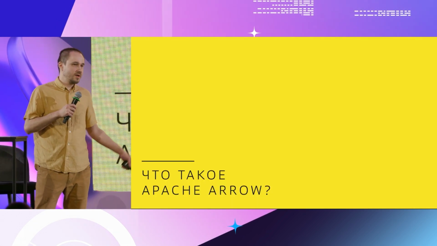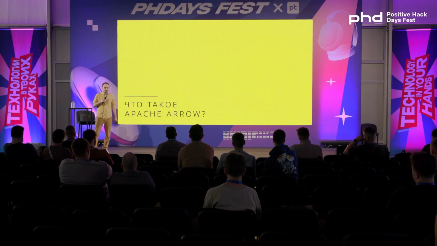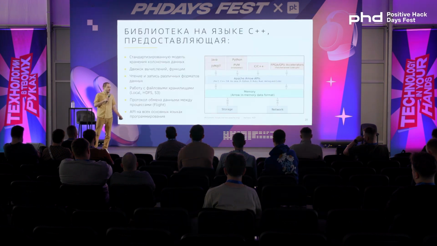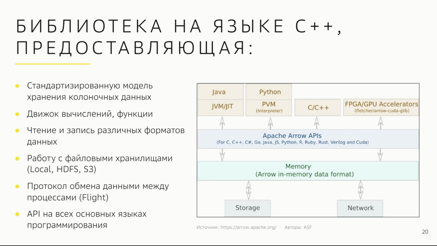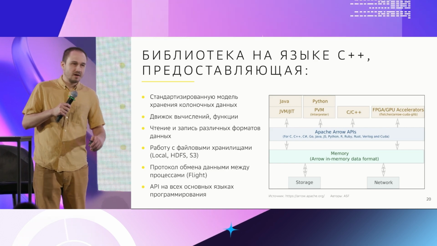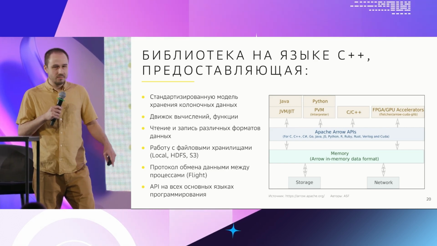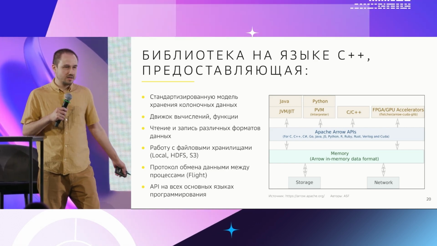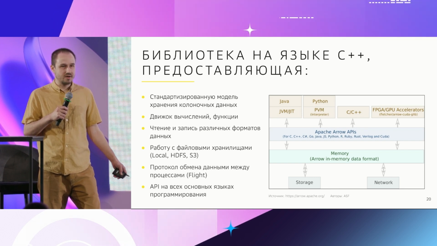And now a little bit more about how it works and how we get these benefits. First and foremost, Arrow is a library, definitely low level, in the language of C++, and it is a standardized model to store data in the operational memory as columns.